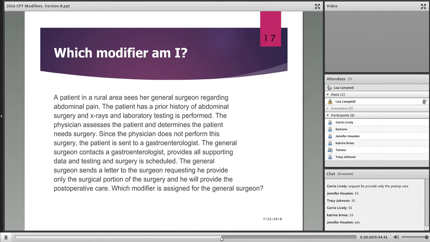So a physician could be a cardiologist but doesn't perform cardiovascular surgery. So oftentimes they will find someone that can do the surgery. They'll do the surgery only, and then that person who is that patient's doctor, they'll get paid for whatever portion that they do. Does that make sense?